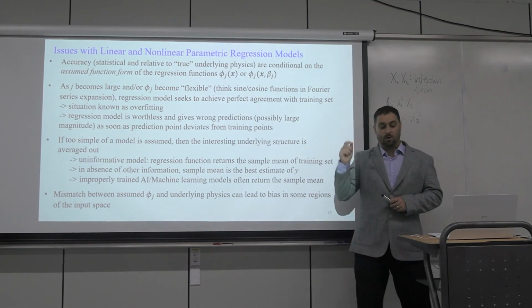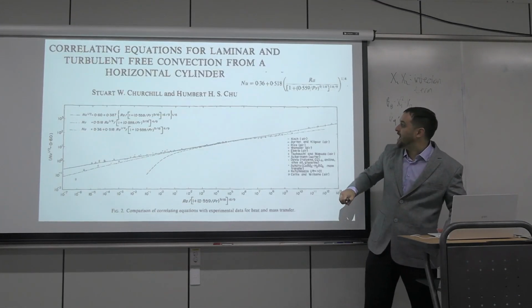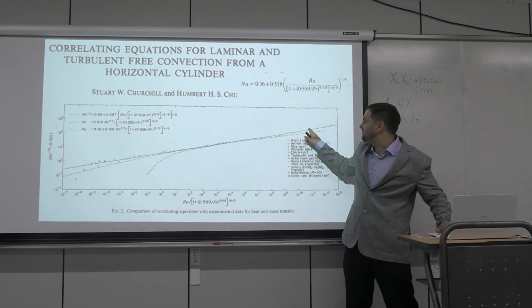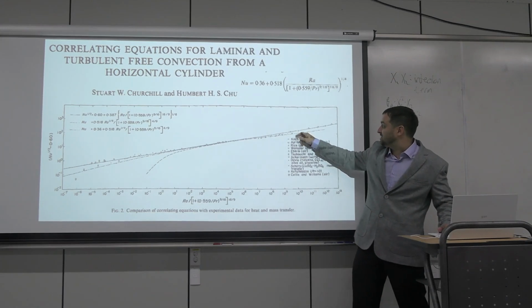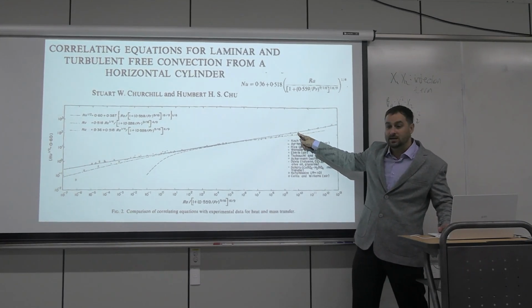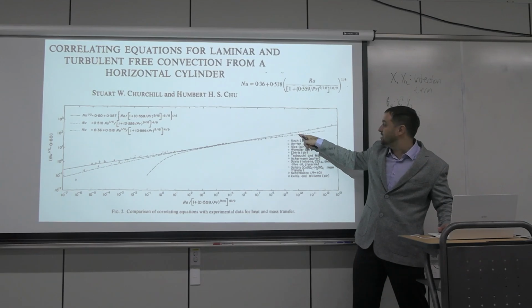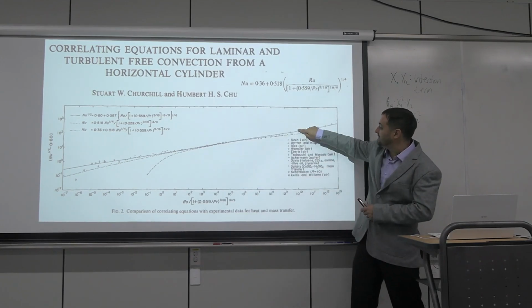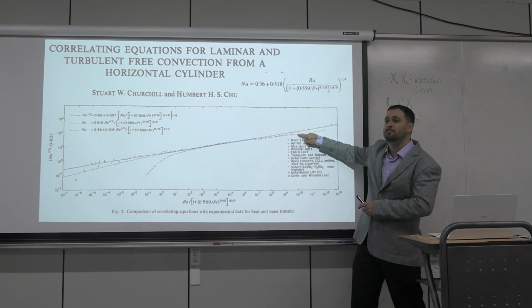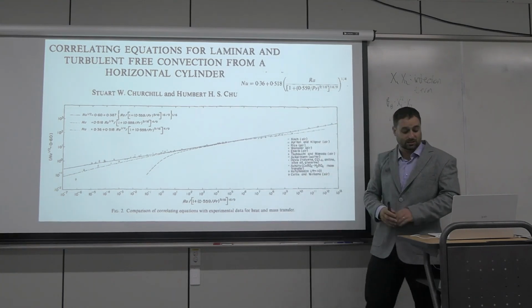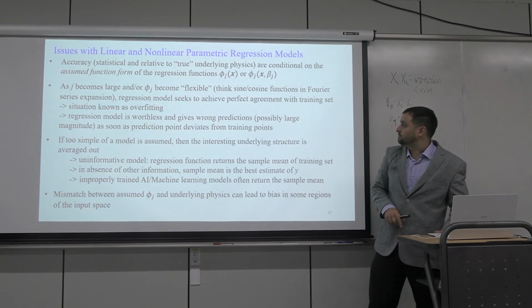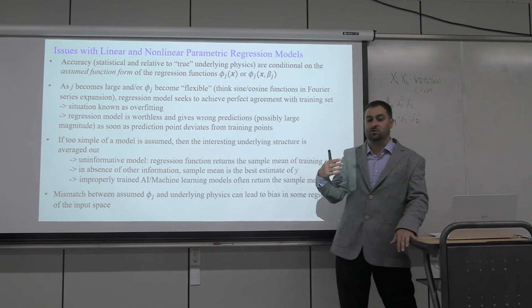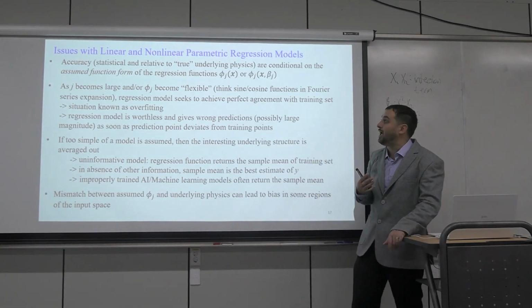But remember, each one of these data points is a random variable. If they repeated the exact same experiment many times in the exact same conditions, they would get a spectrum of data points. So how well does the model reproduce the existing data set? That's more the statistical accuracy.